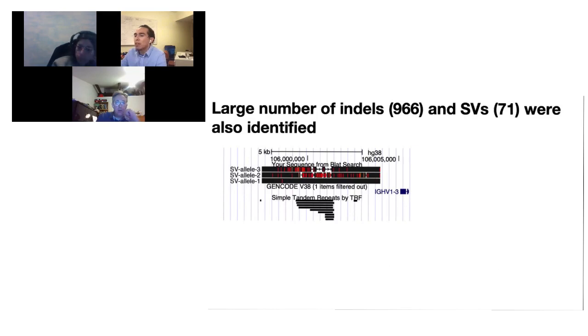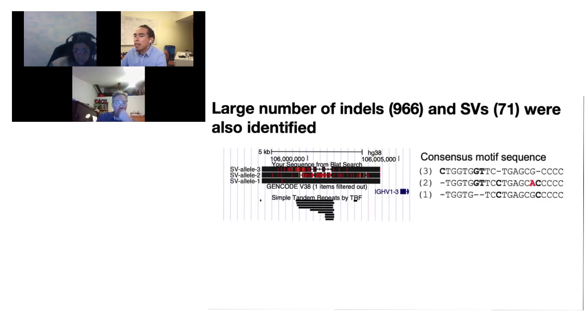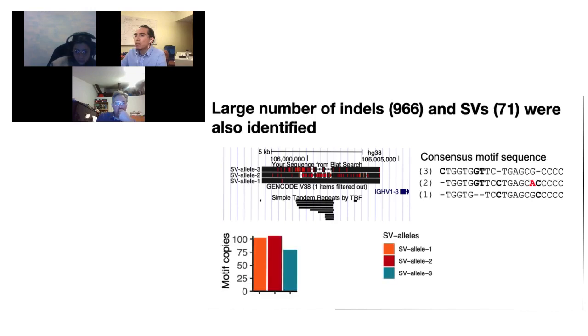Here's a 4 kb region upstream of IGHV 1-3, where 3 different sequences were found that differ by SNPs, insertions, and deletions, indicated by the red tick marks and gaps. An in-depth analysis found that each sequence contains a distinct but similar expansion of a 21 base pair motif.